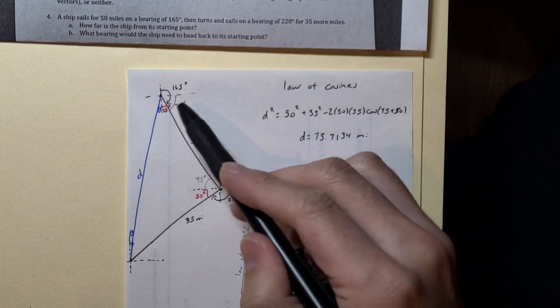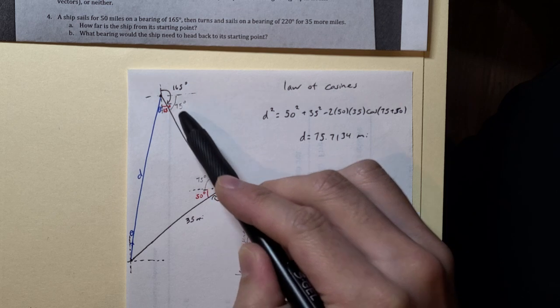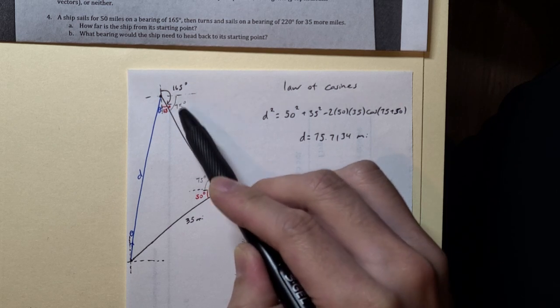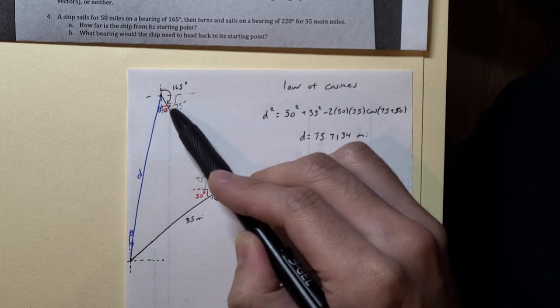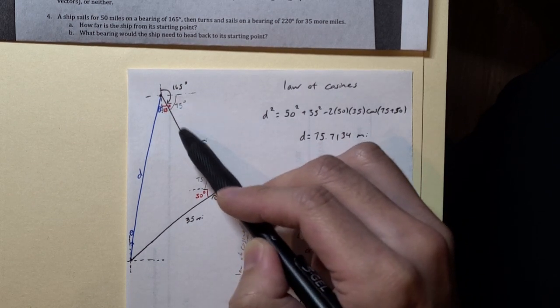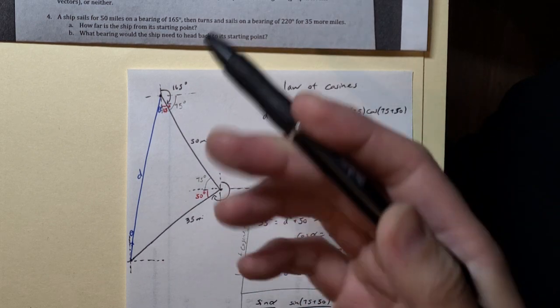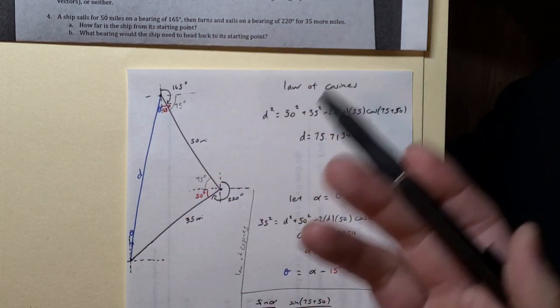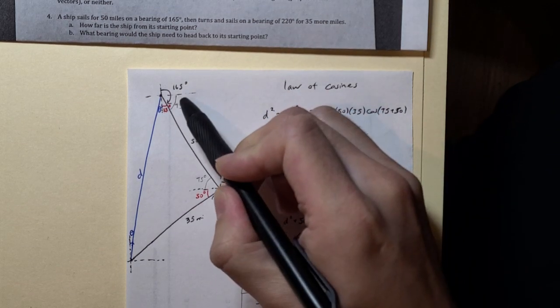Now I know this angle over here is 75 degrees. How do I know that? Well, from the North Pole to this side here, this isn't really a vector. So once again, I don't know why they're doing a vector word problem with this method and not vectors. But anyway, back to the problem.